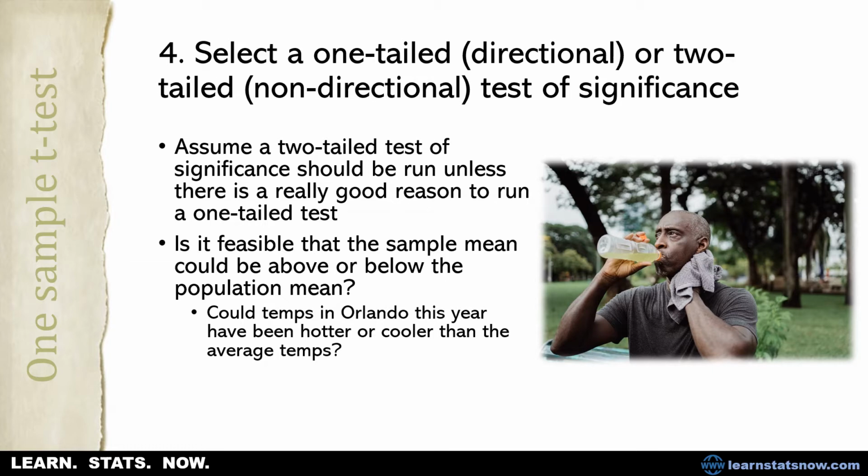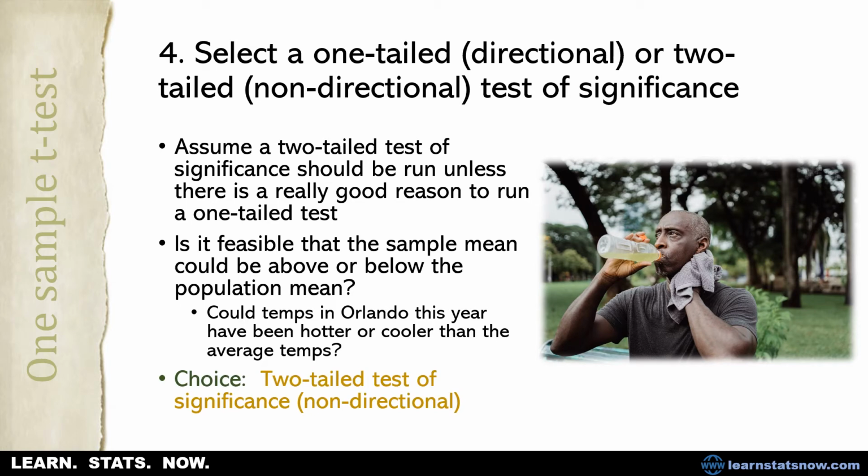So the answer to the question, could temps in Orlando this year have been hotter or cooler than the average temps? Yeah, it could have gone either way, right? So it's not obvious to us that it'll be on just one side, either above the mean, hotter, or only cooler. So we're going to go ahead and choose a two-tailed test of significance. That's a non-directional test.